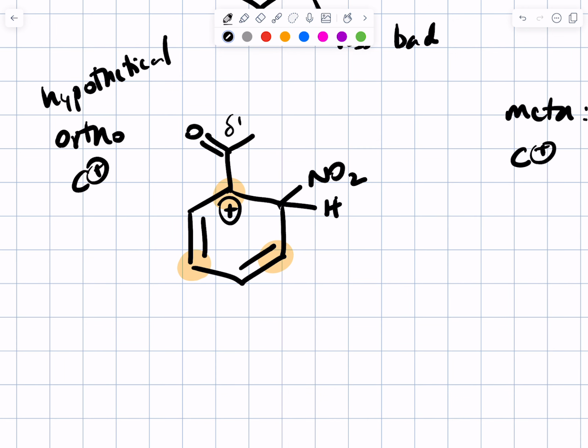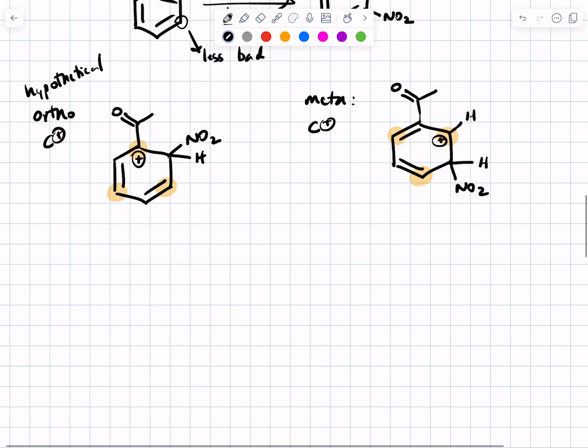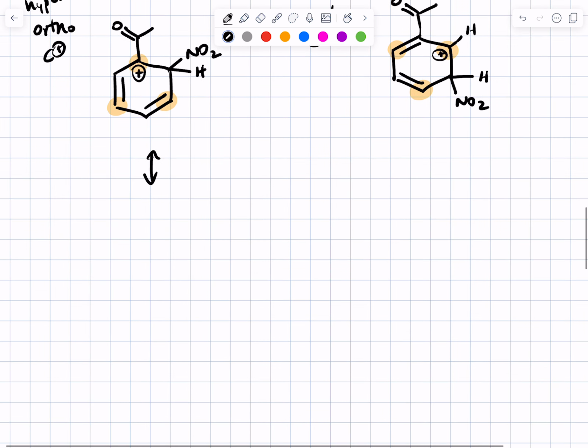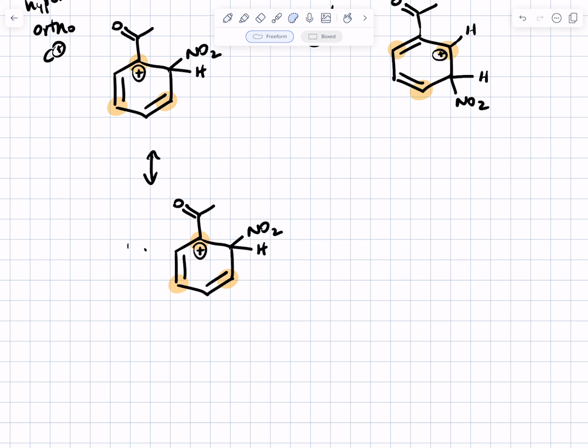Right, the carbonyl carbon itself is electron poor. There's a partial positive charge on it. If you want, you could draw a resonance structure for the ketone, which would actually put a positive charge on the carbonyl carbon adjacent to the positive charge in the ring.